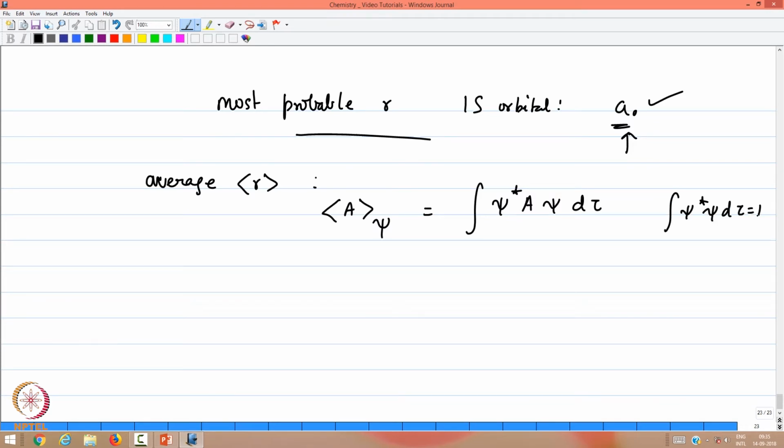It's 1. Therefore, here we will use the normalized 1s orbital, which is 1 by square root of pi a naught cube times exponential minus r by a naught.